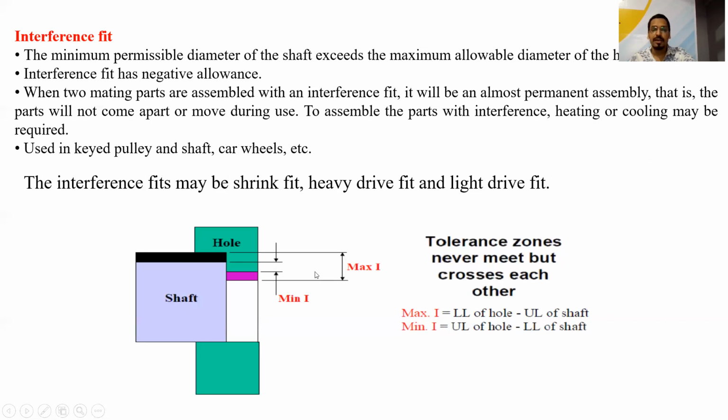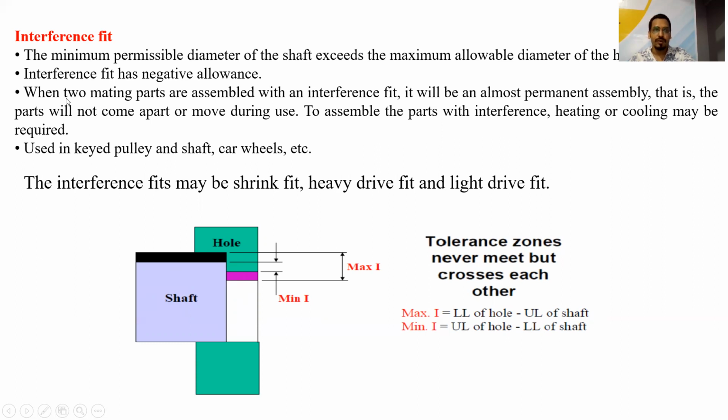So this will be the interference, because in this the tolerance zones are crossing each other. The tolerance zones of hole and shaft are crossing each other, but they are not meeting each other.